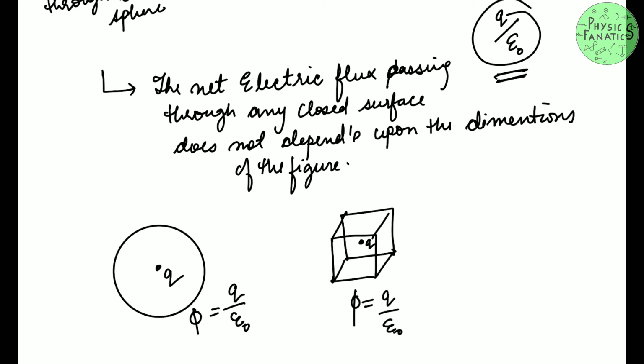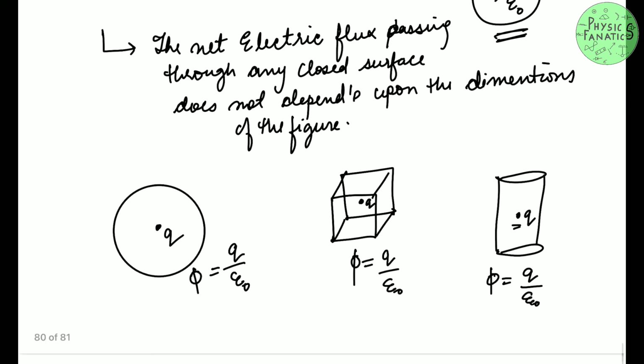If I have a cylinder, these are your closed figures, with the charge at the center, the net flux passing out of the cylinder will be equal to q upon epsilon naught.